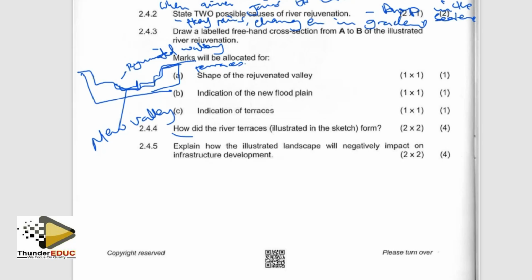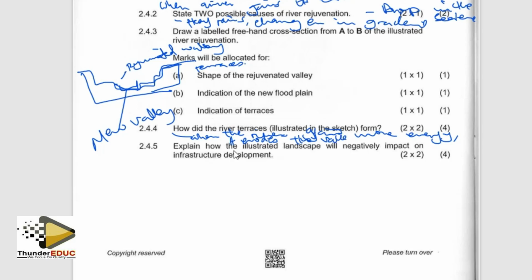How did the river terraces illustrated above form? They form due to, so we shall say, when the river gains more energy, what happens? It erodes the valley.